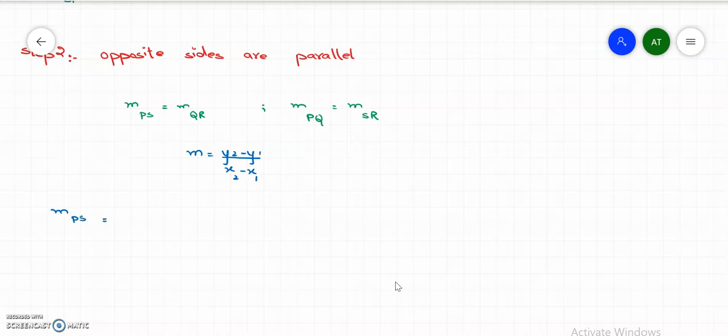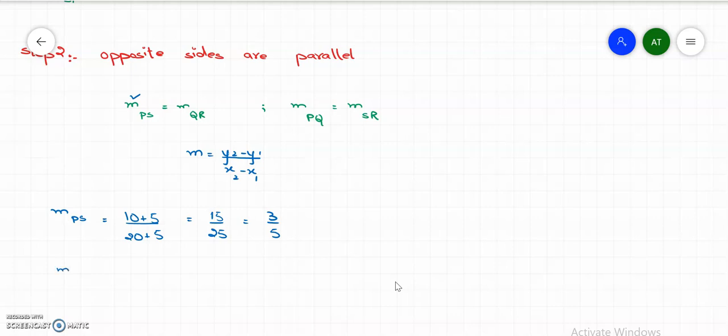P coordinates we name x1, y1, and S coordinates x2 and y2. So y2 minus y1 is 10 plus 5, over x2 minus x1, that is 20 plus 5. That is equal to 15 over 25, and in the lowest form it is 3 divided by 5, right? So we are done with the slope of PS.